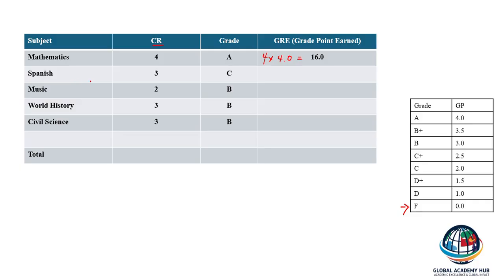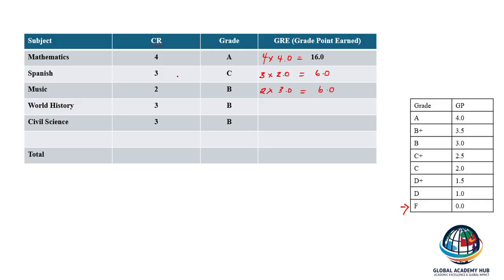So let's look at the Spanish. 3 times, well, what is a C? A C is a 2.0. So 6.0 grade point earned for Spanish. For music, it's going to be 2 times whatever a B is, but a B is 3.0. So that's also a 6.0.